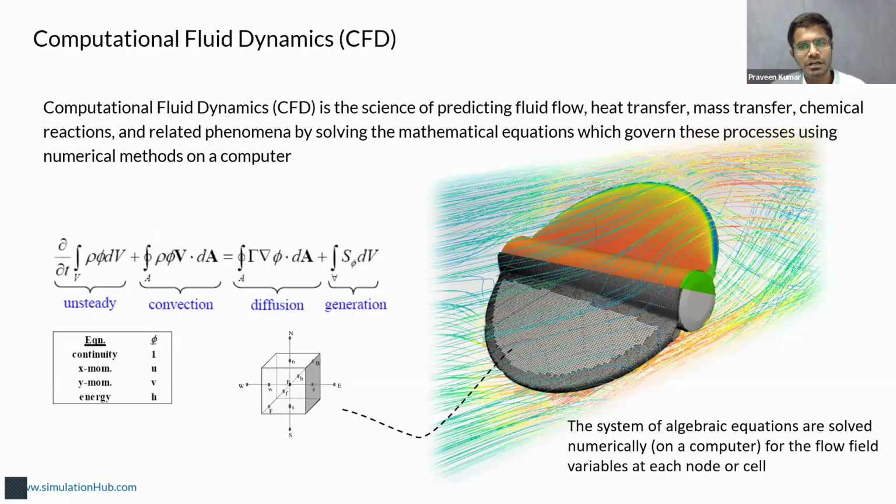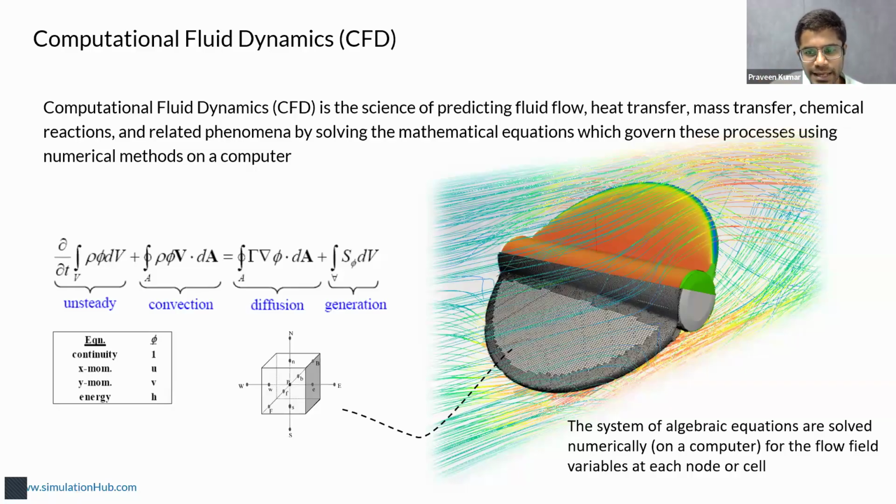CFD is nothing but predicting the fluid flow or heat transfer, other flow phenomena, physics, by solving governing equations in a numerical method. The governing equations are the Navier-Stokes equations, which govern the flow. To do that, it involves a certain process.